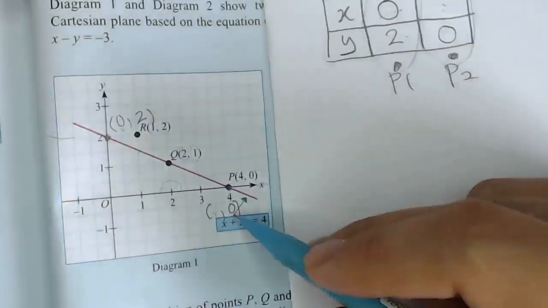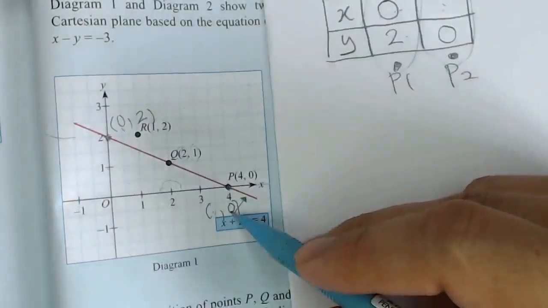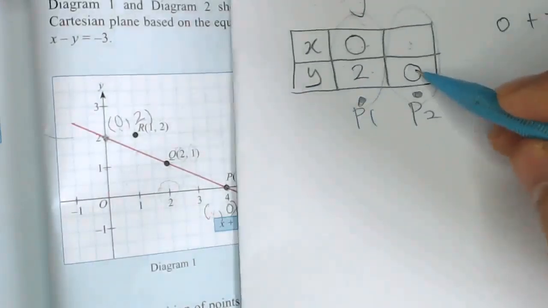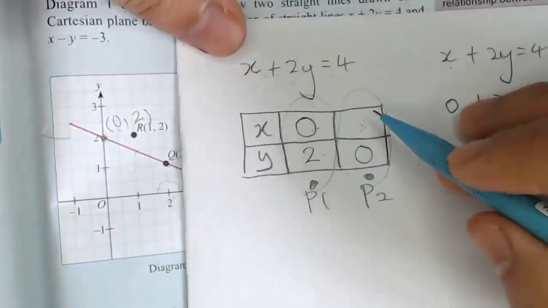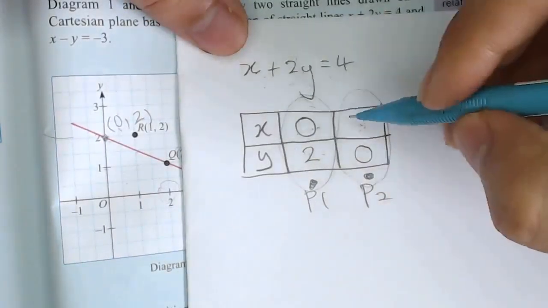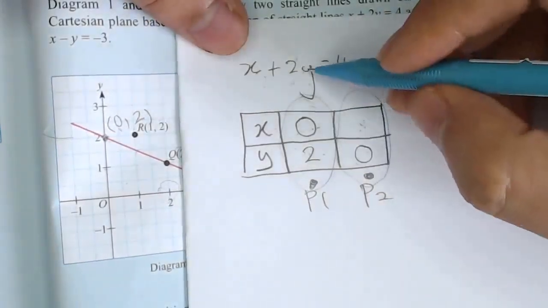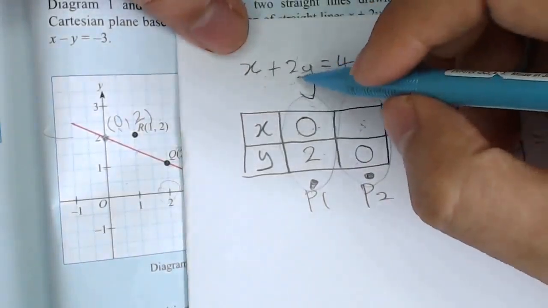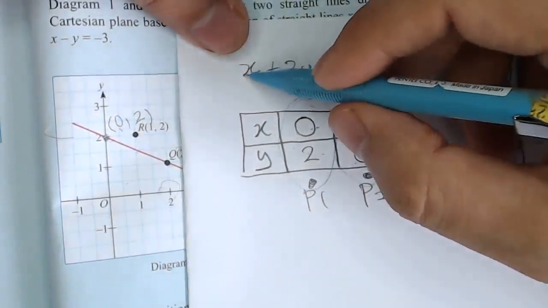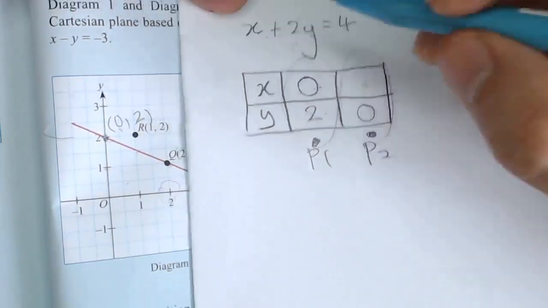Since we know already the value of y, that is 0, can we find the value of x? Actually, we're going to do the same. We substitute the value of y in here, then do algebra transfer until we get the value of x. That is the idea.